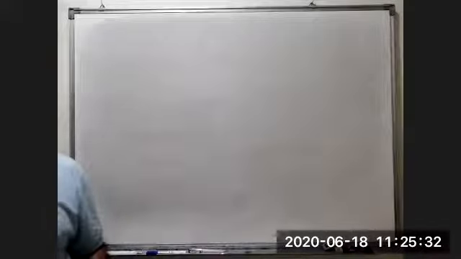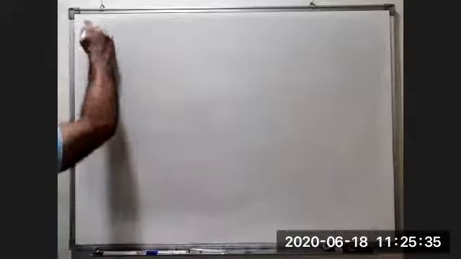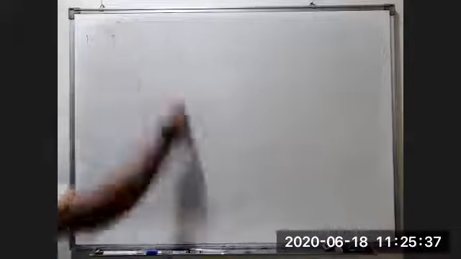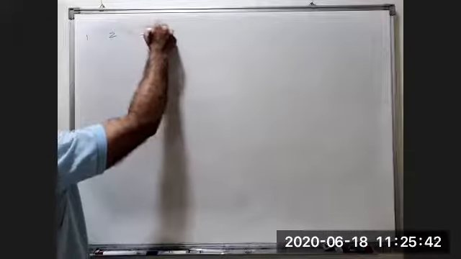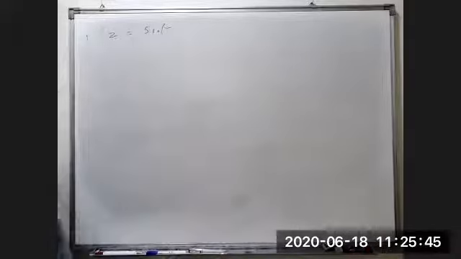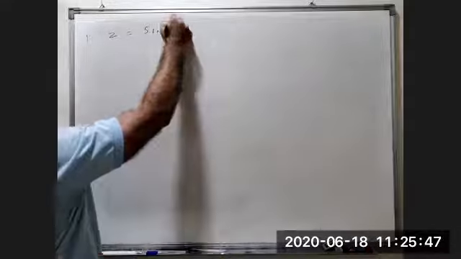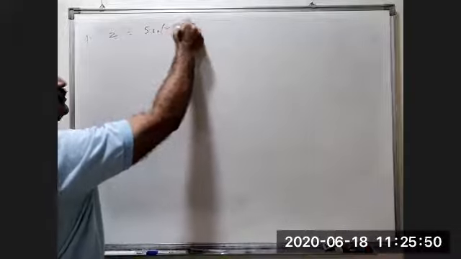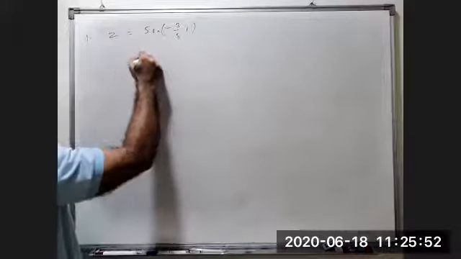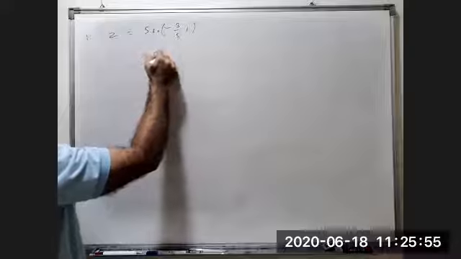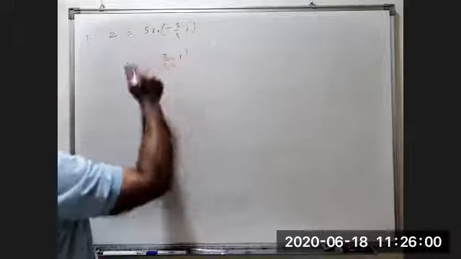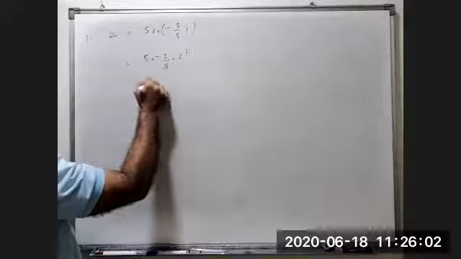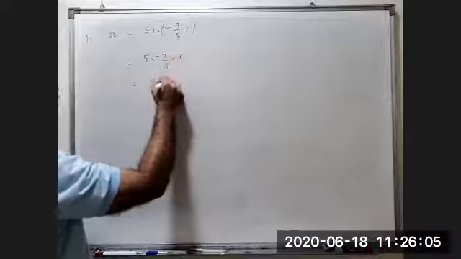The question is to express it in the form A plus IB. First question. Z is equal to 5I into minus 3 by 5I. It is nothing. Just multiply 5 into minus 3 by 5 I square. I into I is I square. This cancels. We got minus 3 I square. The value of I square is -1.